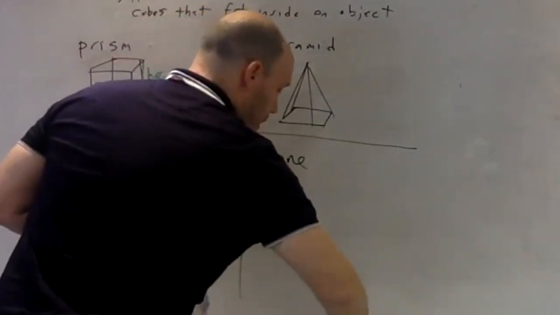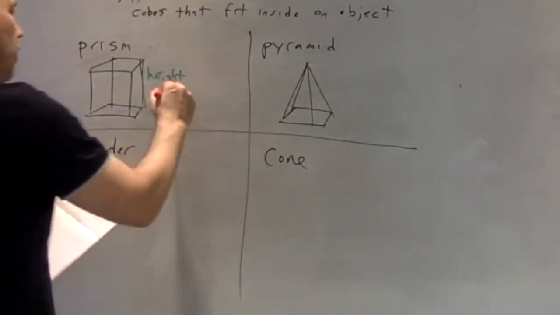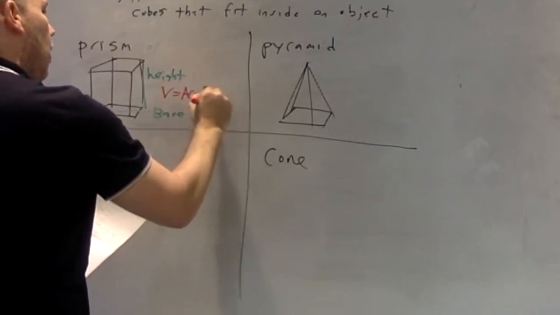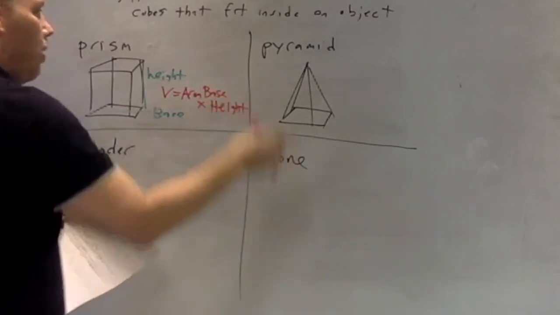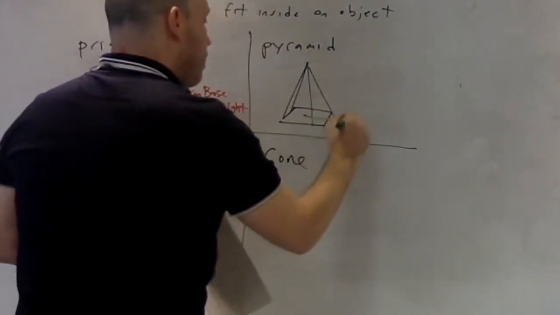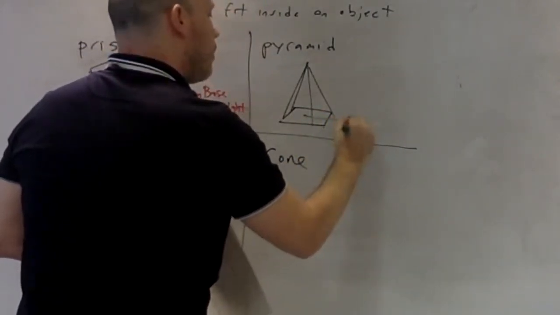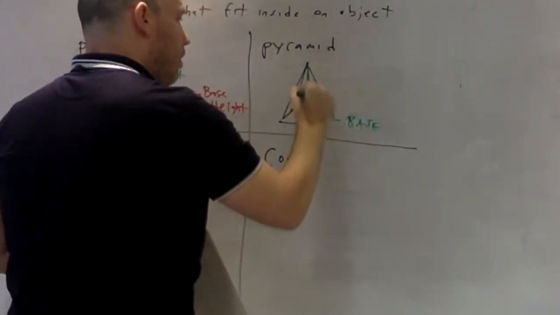And simply put, what is the volume? The volume is the area of the base times the height. What's going on with the pyramid? Same idea. We have the area of a base, we have our base, sorry, and we have our height.